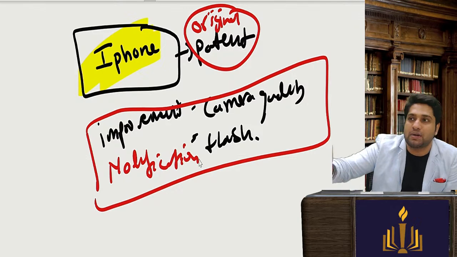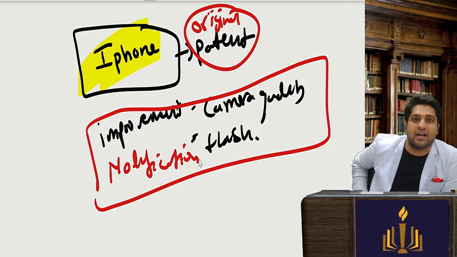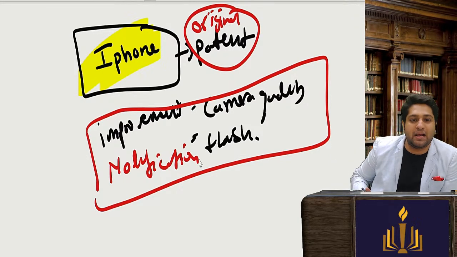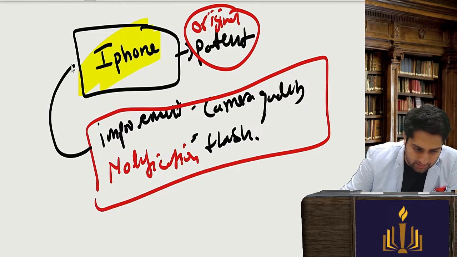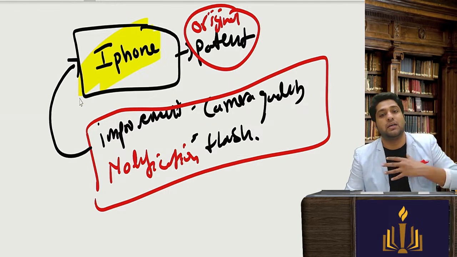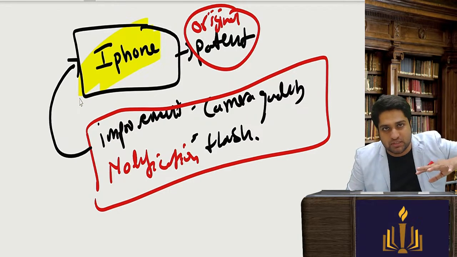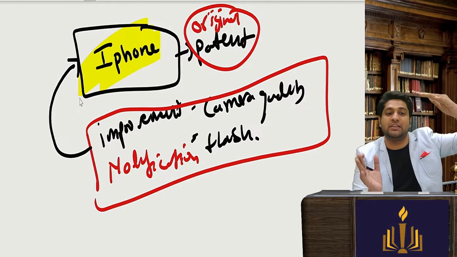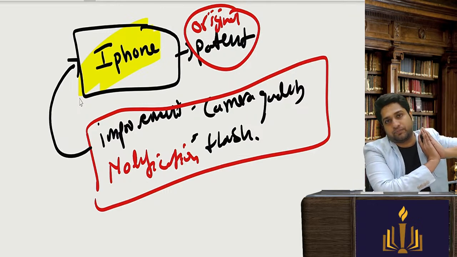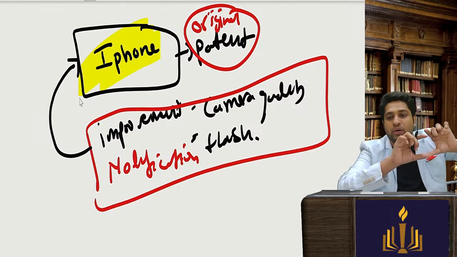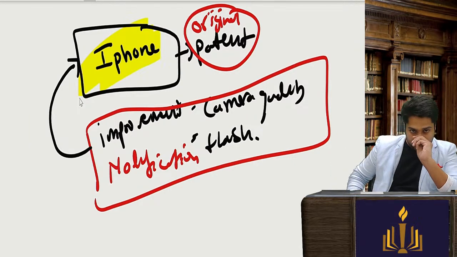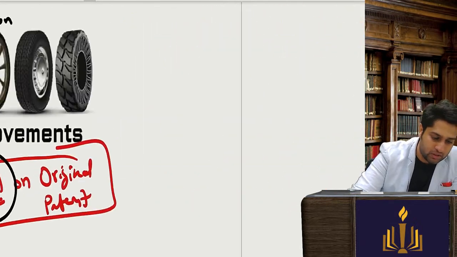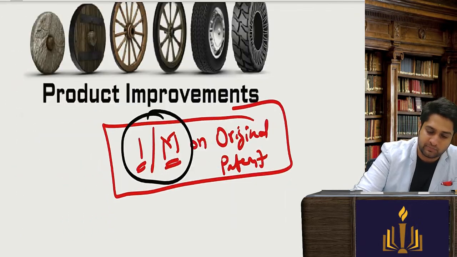So I might lose my rights and someone might work on that. The most logical thing is to tell the controller, please add these features, this improvement or modification, to the original patent. Then you will get protected for all, including these extra features. So this is a very good provision.